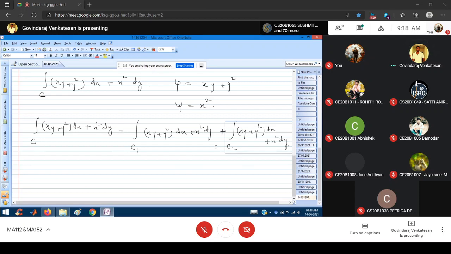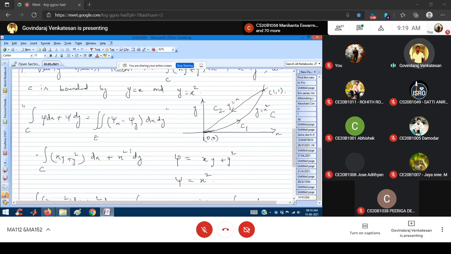First we take along the curve C1. From the curve C1, what is the value of y? The value of y is y equal to x square and x is varying from 0 to 1.